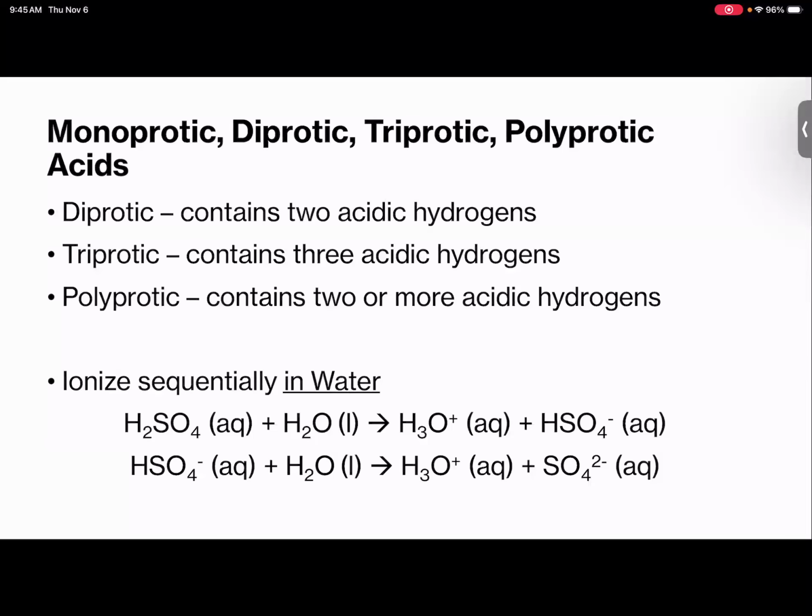What we find is that in water, this first reaction occurs to a large extent because sulfuric acid is a strong acid. But this second reaction does not occur to any appreciable amount in water because HSO4 minus is a weak acid.